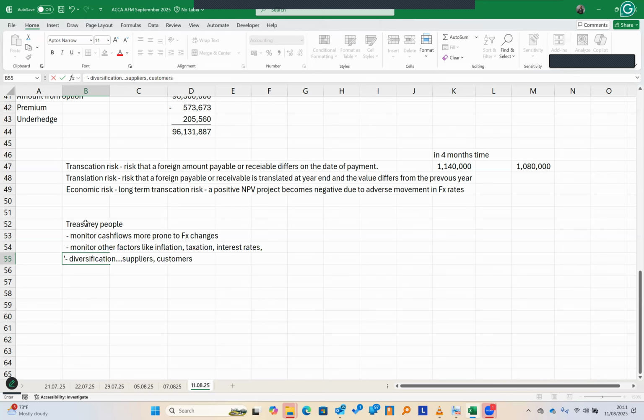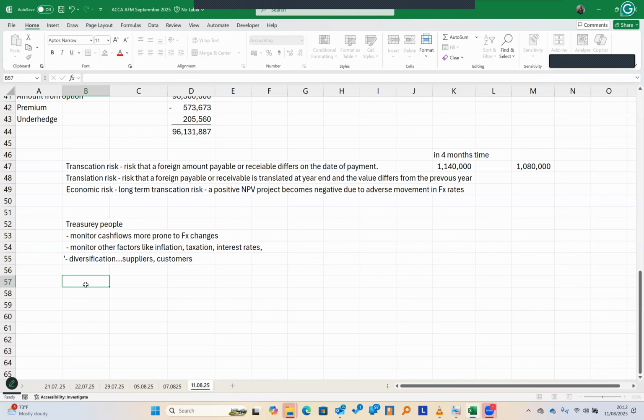Customers, that is, in case you have a problem, like in this case, maybe the dollar may be rising against the ringgit, and you are selling to the Americans. So you can also think of selling to other people other than the Americans. So basically, those are some of the things that they can consider. And this is how they play in.